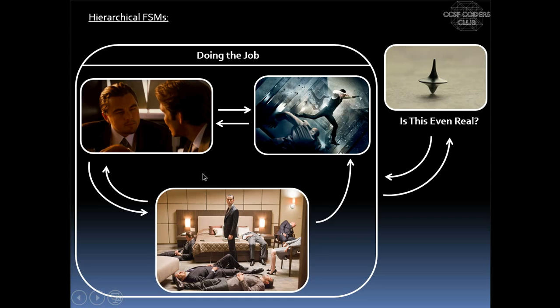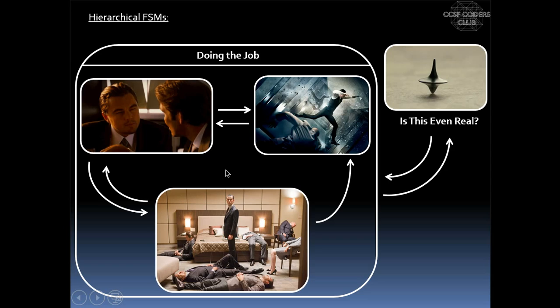You can go through all of those, but then let's say at some point the spin the top state gets activated. Because the spin the top state is at a higher level in the hierarchy than these, it immediately stops what it's doing and goes on to spin the top to see if any of this is even real. Once it's done with that, it goes back to the doing the job state and picks up wherever it left off.